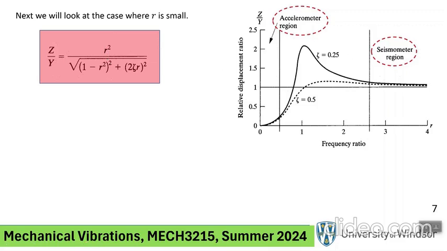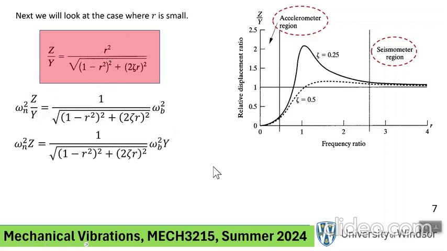So when you do that and you clean up, you get omega n squared times this thing, because remember, on the numerator, we have omega b squared over omega n squared. If you take this omega n squared to the other side, you get this. And now I'm going to take y to the other side, and we're going to get that.